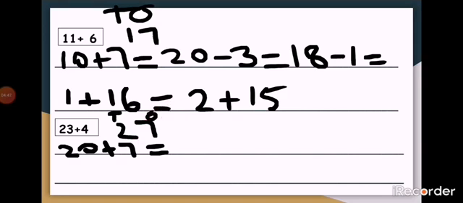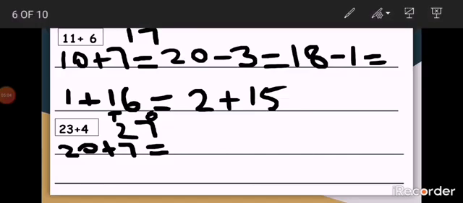So put 30 in mind and count back till 27. 30, now I'm counting 29, 28, 27. Stop. How many numbers have I counted? Yes, 3. It means 30 minus 3 is the answer 27.